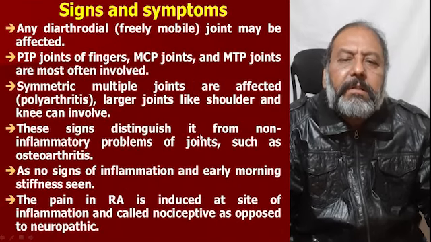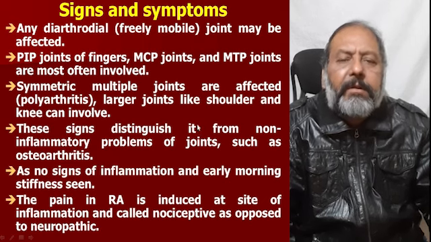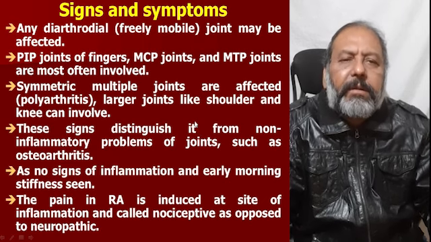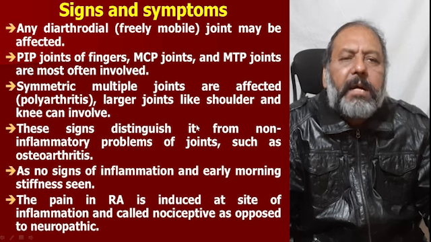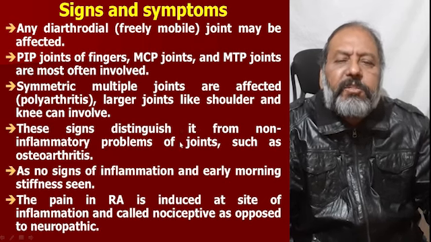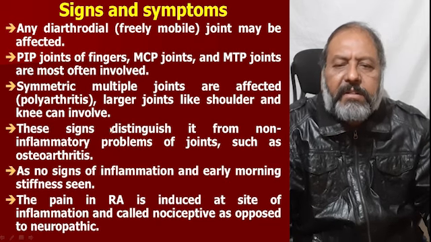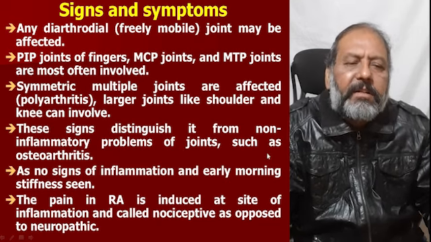Any diarthrodial, freely mobile joint may be affected, and the PIP joints of the fingers, that is proximal interphalangeal joints, the MCP joints, metacarpophalangeal joints, and the MTP joints, metatarsophalangeal joints, are most often involved. Symmetrical multiple joints are affected, causing polyarthritis. Large joints like the shoulder and knee can also be involved.